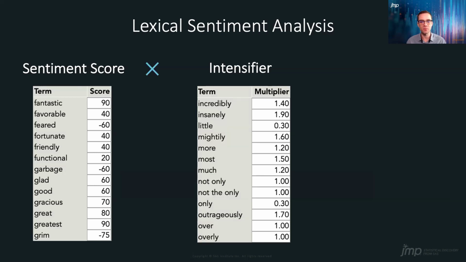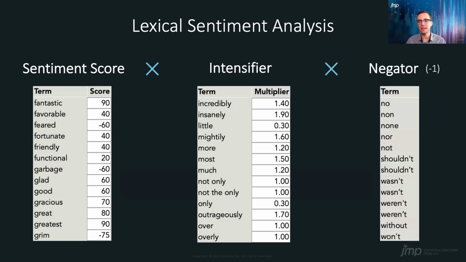So you can see here we could declare incredibly to be a multiplier of the sentiment score of 1.4, where little actually scales it by 0.3, so it decreases the sentiment's magnitude a little bit. If an intensifier appears with a sentiment term, we perform that multiplication. And then also if a negator occurs, so we say something is no or not or shouldn't or wasn't, we multiply by -1 so that we basically flip the sign: positive becomes negative and vice versa.